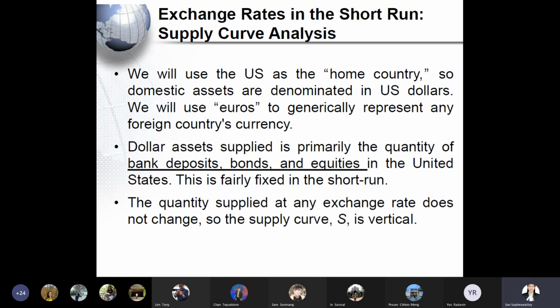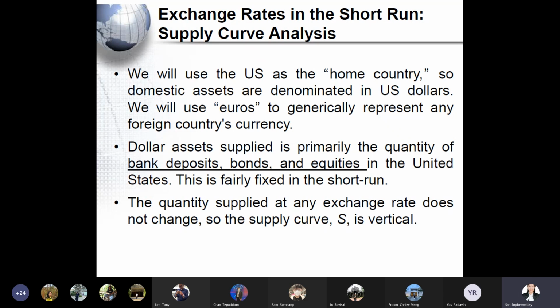So we're looking at the supply curve analysis, and we start by discussing the supply curve. In this analysis, we treat the US as the home country. In every economics analysis, we always make assumptions, and the initial assumption is really important.